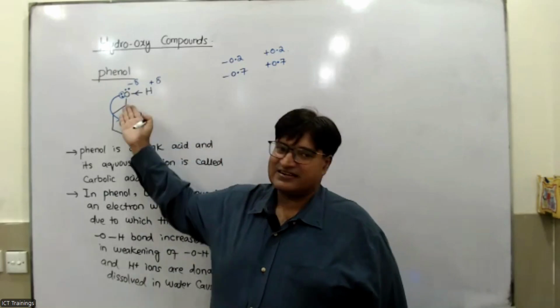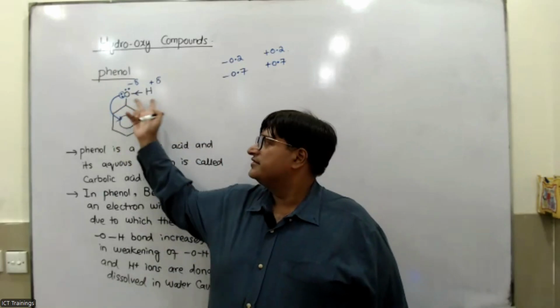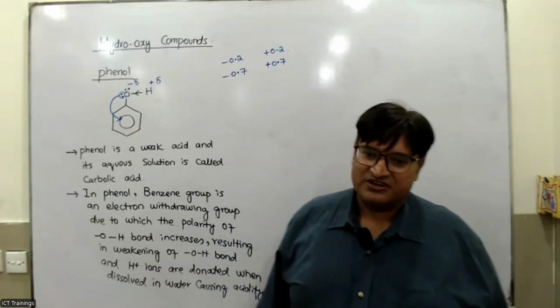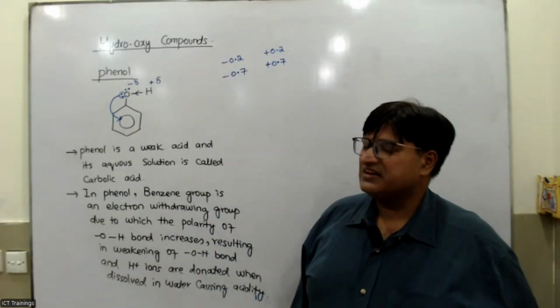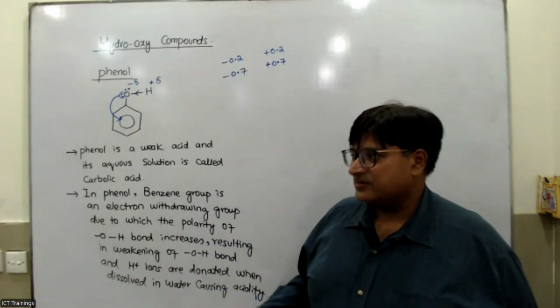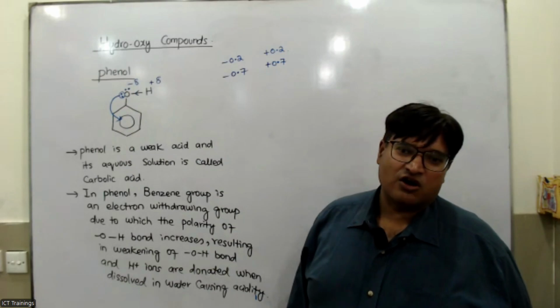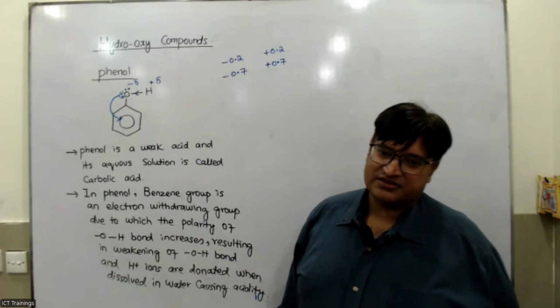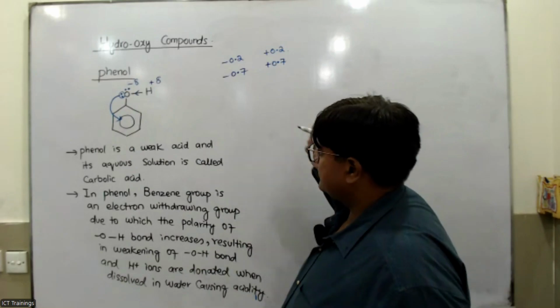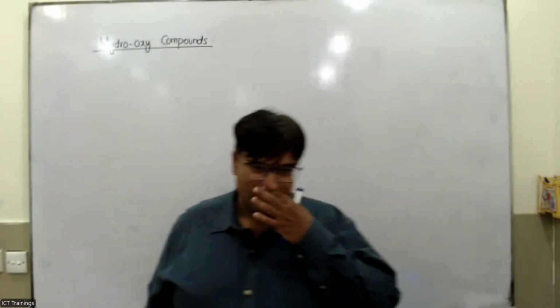So oxygen will attract the electrons from hydrogen. The polarity of the OH bond would increase, resulting in the weakening of the OH bond, and H positive ions are produced when dissolved in water, causing the acidity. Did you get it?